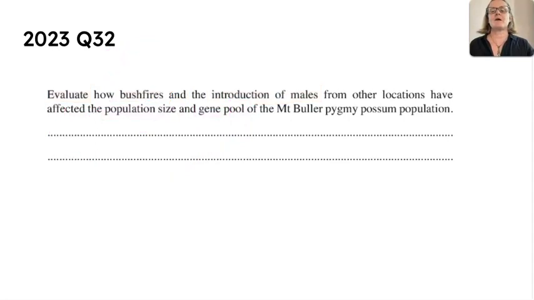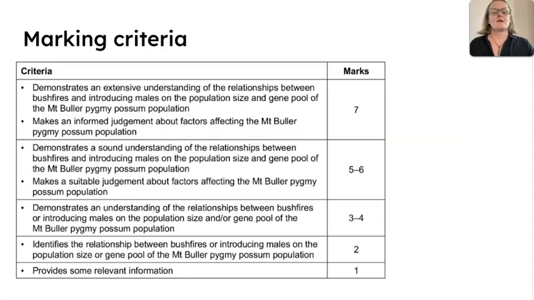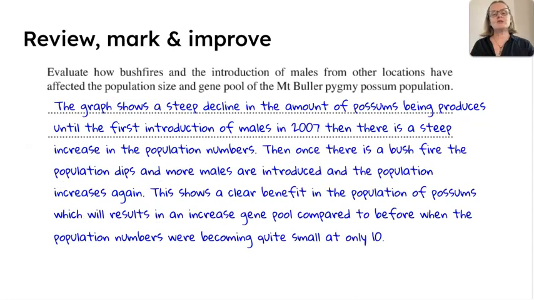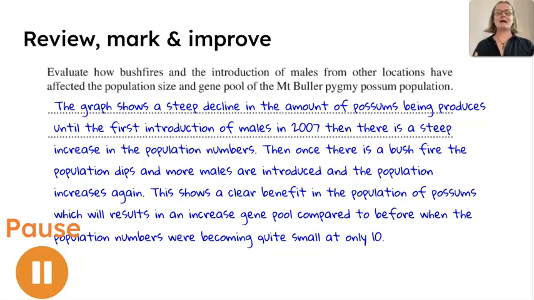So let's have a look at the marking criteria. Pause this and have a read. And then let's apply your knowledge to see how good you think this answer is. Pause it, have a look, compare it to the stimulus and the marking criteria, and see what you would need to add to make it better.